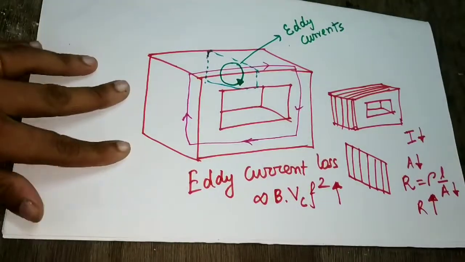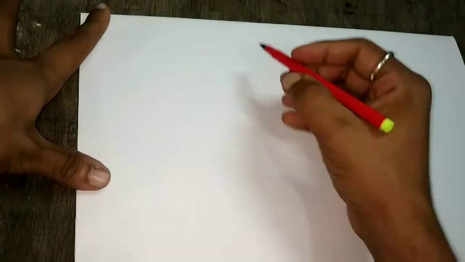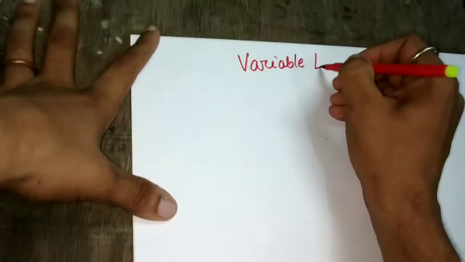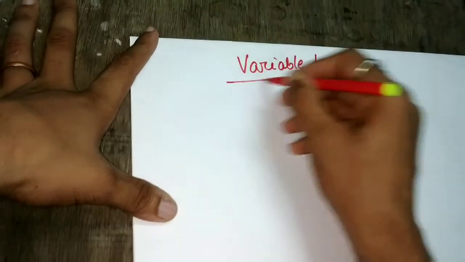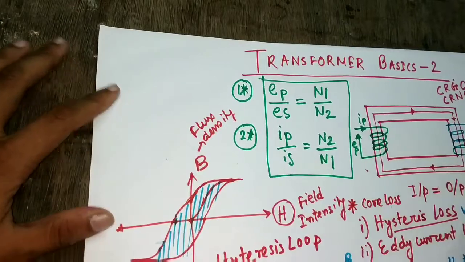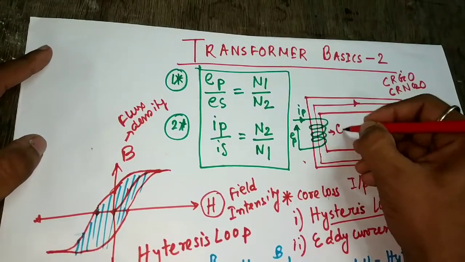And there is another kind of losses which are known as the variable losses. What are these losses? The windings of the transformer are made up of copper wires.